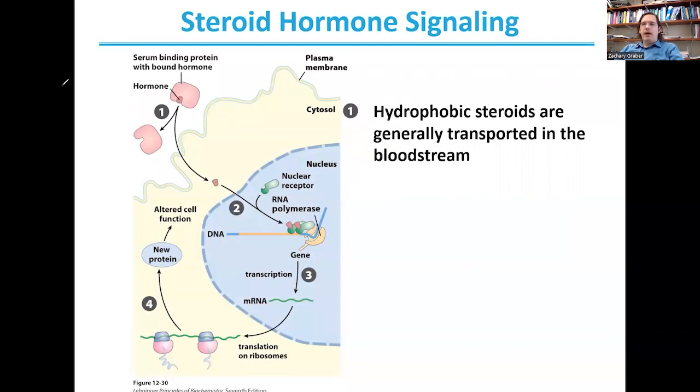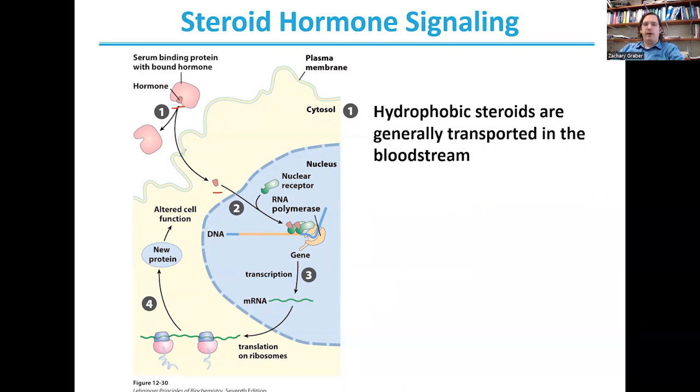The mixed polar and nonpolar nature of our steroid hormones actually makes them highly effective as signaling molecules. So they are somewhat able to move through polar environments, but they can also move through nonpolar environments. They will tend to be transported through the bloodstream just because our blood is very polar. But once they are released at their target cells, they'll be able to pass straight into our cell due to their hydrophobic nature.